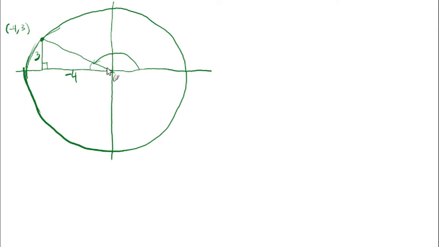So if we can find the sine and cosine and tangent and everything based on this angle, that'll be the sine and the cosine and tangent of this larger angle, and that'll work for anything.